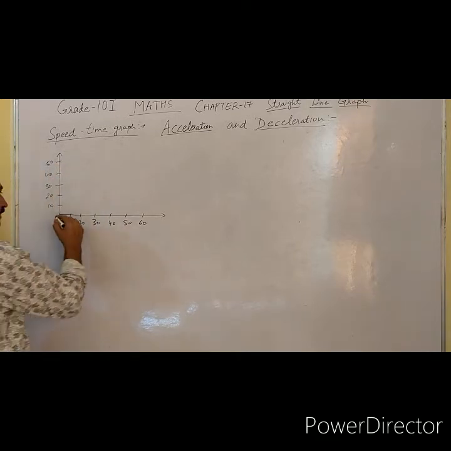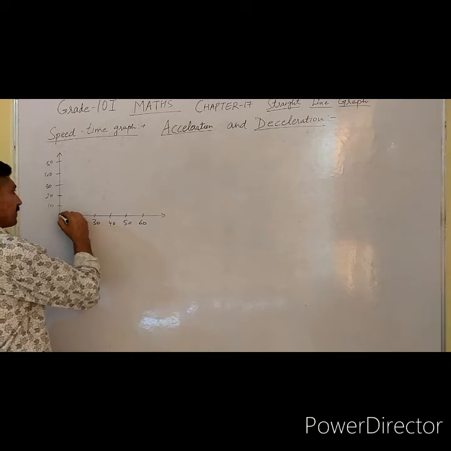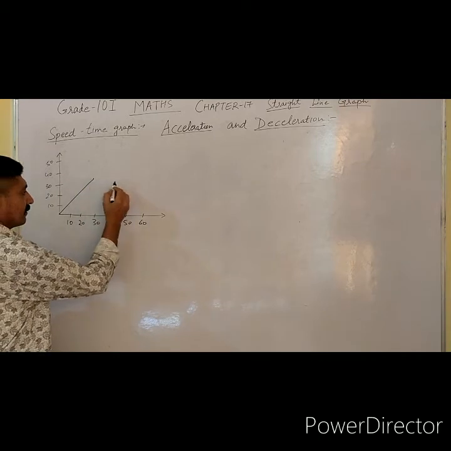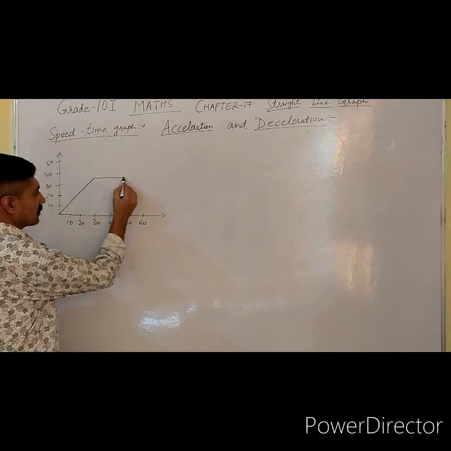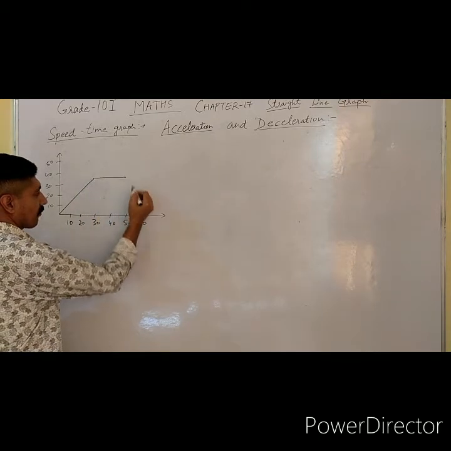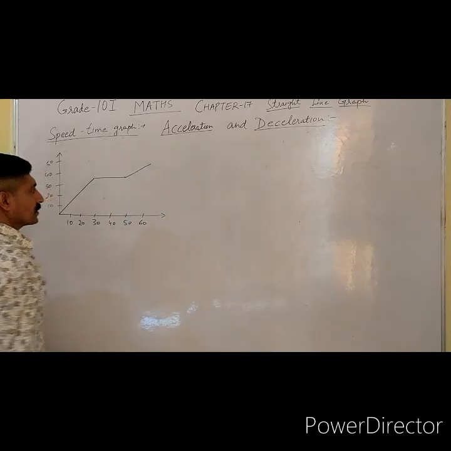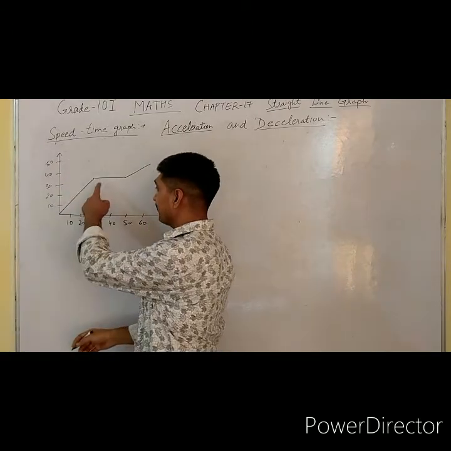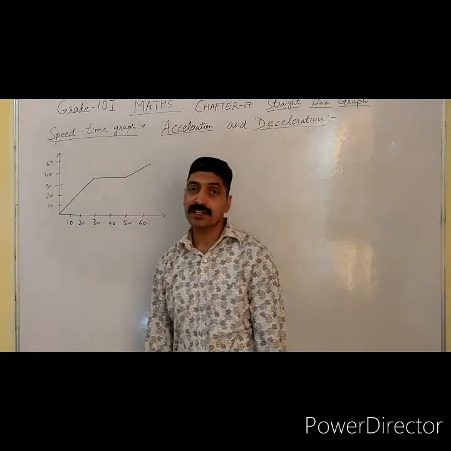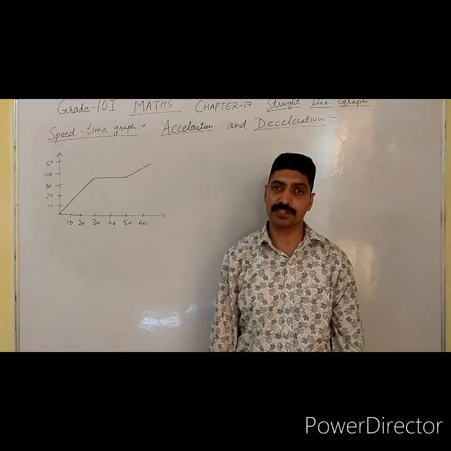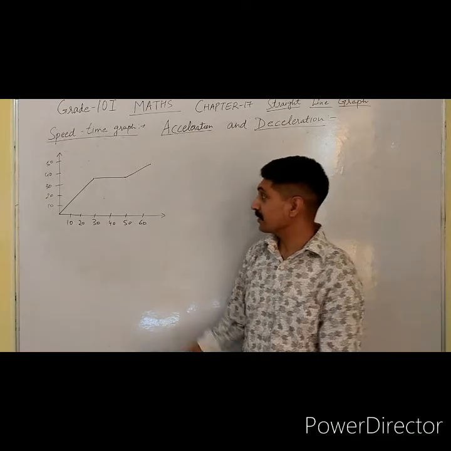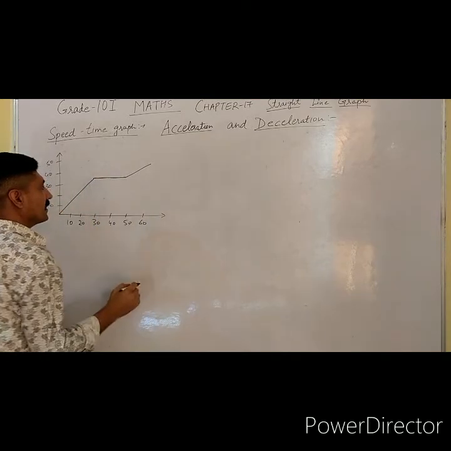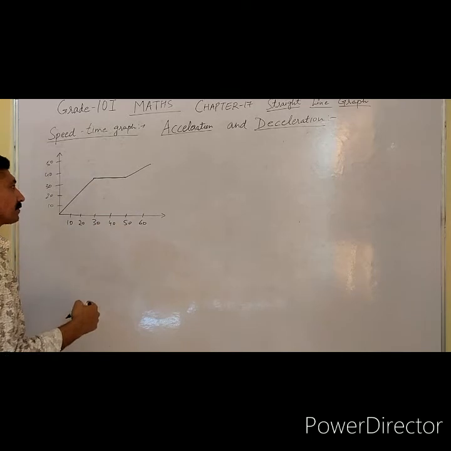The straight line represents the uniform speed of an object, whereas the horizontal line represents there is no movement.